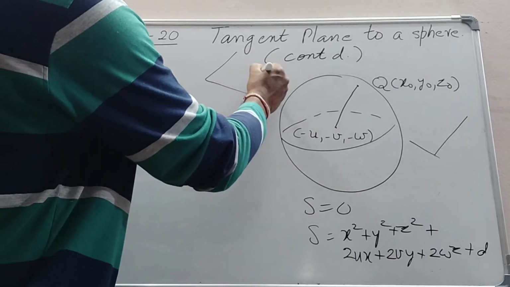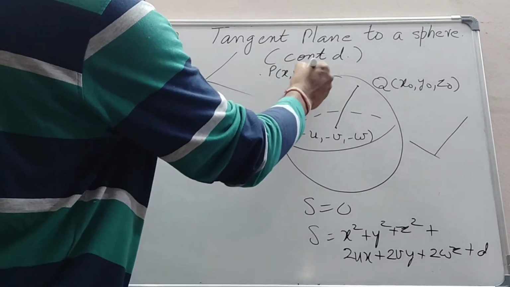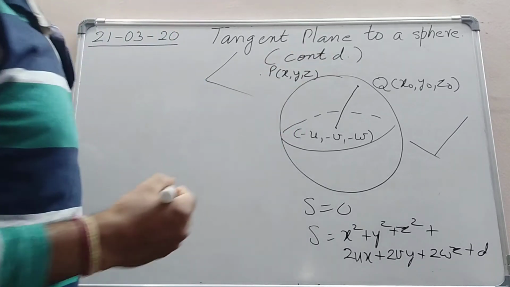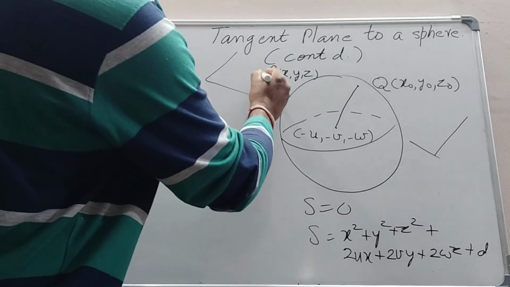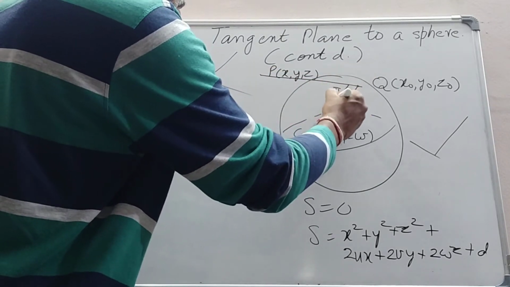We had taken an arbitrary point x, y, z on the tangent plane, and this angle happened to be 90 degrees.